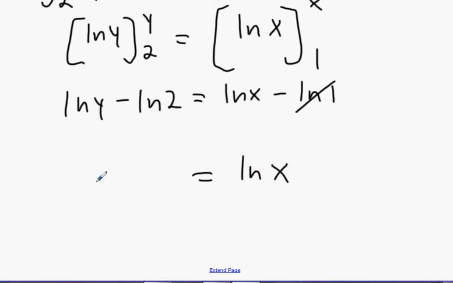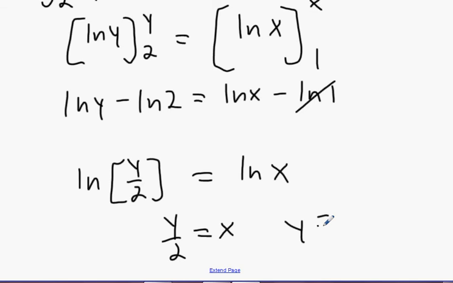So ln x, and that's ln y over 2. What's next, guys? Y over 2 equals x. Y equals 2x. They're not really getting any harder. Oh, sorry, there is a 16 and 7 then.